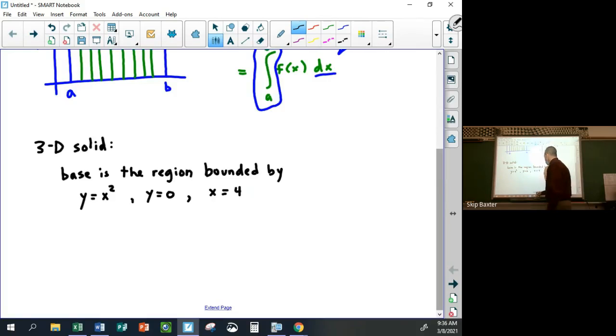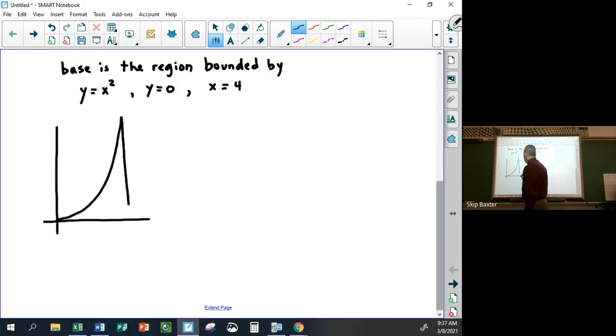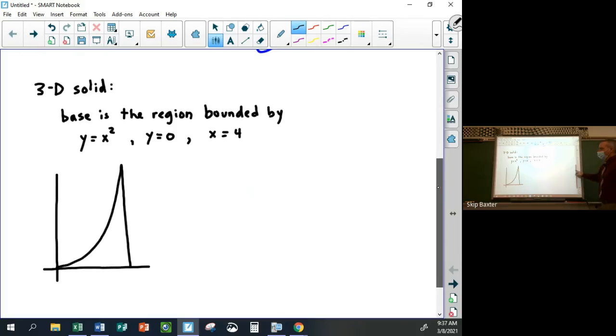So if I graph that, that's no problem. The region I'm referring to is this almost triangular shaped region like that, right? That's the base of the solid.